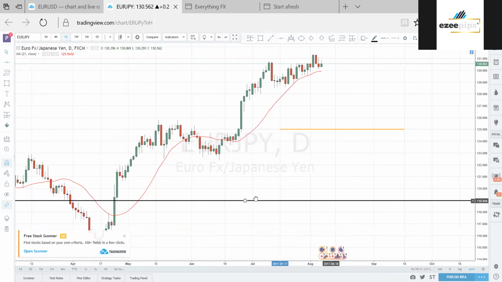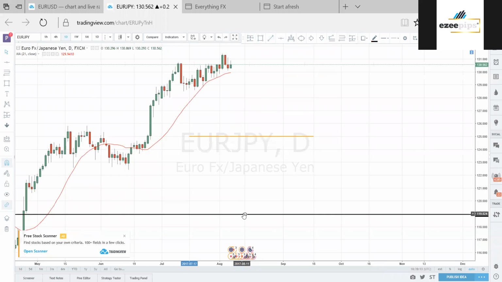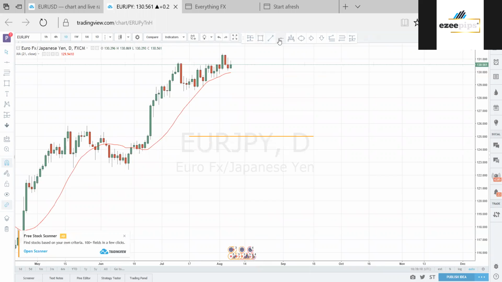With these two lines that I have here, I'm going to term the top one as my level of resistance and the bottom one as my level of support. Let me get a box around here.